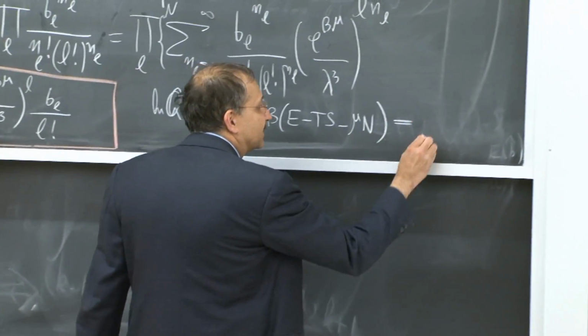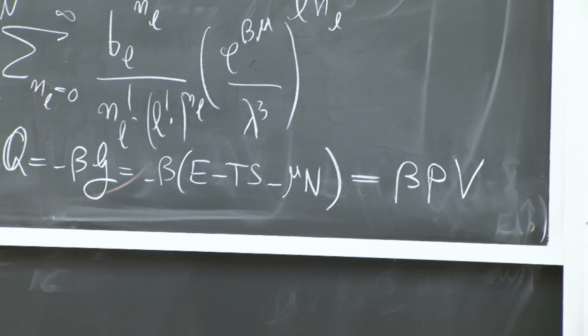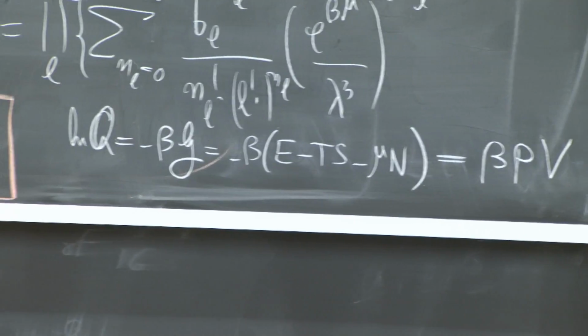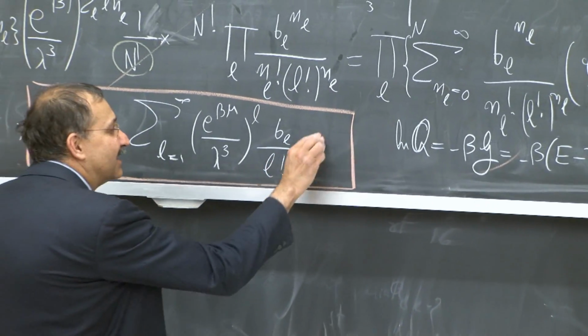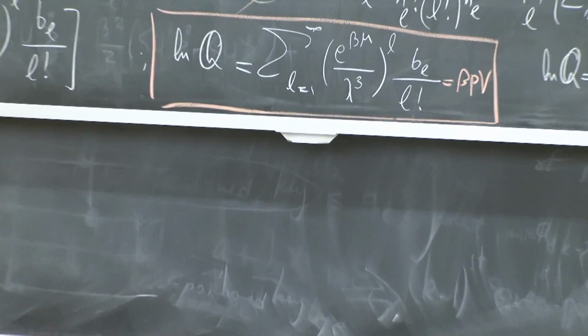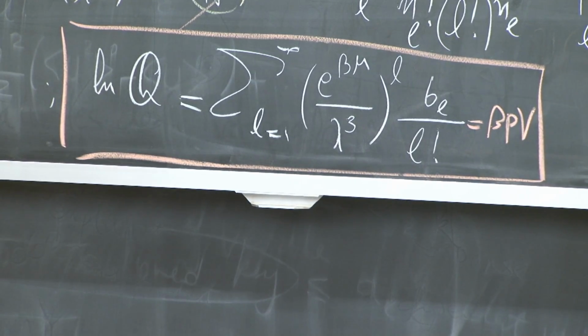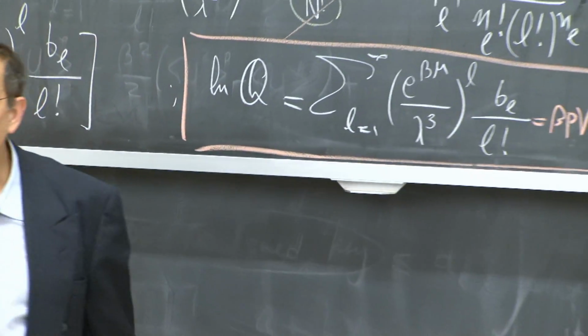So this is the same thing as beta PV. So this quantity that we have calculated here is in fact related to the pressure directly through this formula. And the important observation is that it says that it should be proportional to volume.